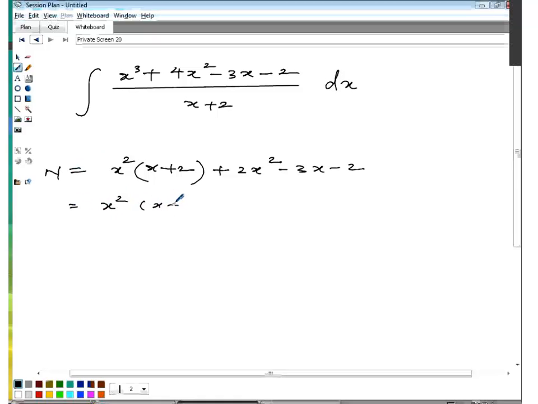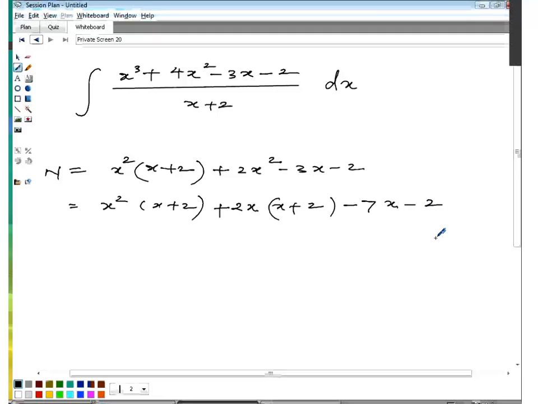Then I want x plus 2, so again forcing x plus 2. To get 2x square, writing 2x here. 2x square is done, but 2 into 2, 4x is coming. We want minus 3x. So 4x minus 7x will get us minus 3x, minus 2.